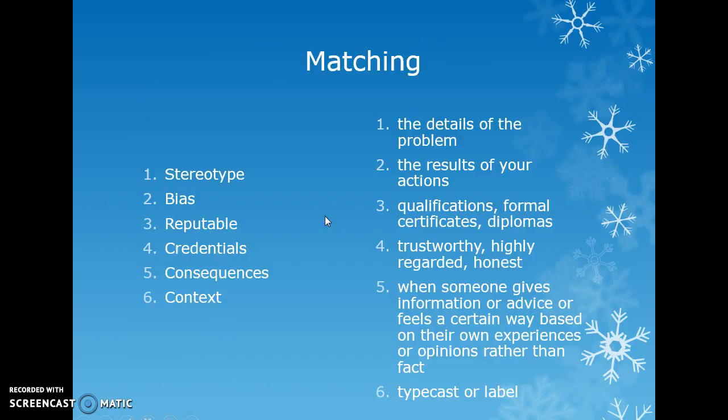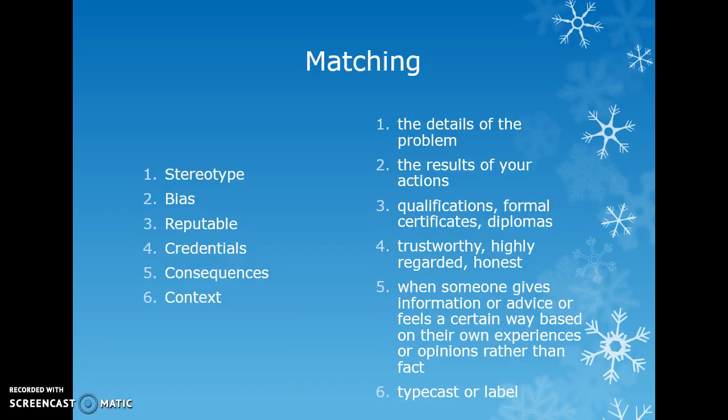So let's review. On the left are some matching terms that you absolutely need to know for the test today. We have stereotype, bias, rebuttal, credentials, consequences, and context. That seems like a mouthful. And the definitions would be the details of the problem, the results of your actions, qualification, formal certificates, diplomas.